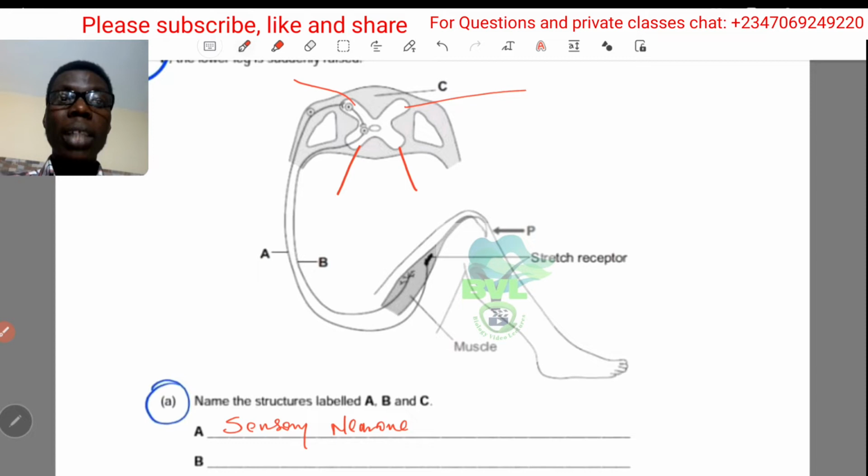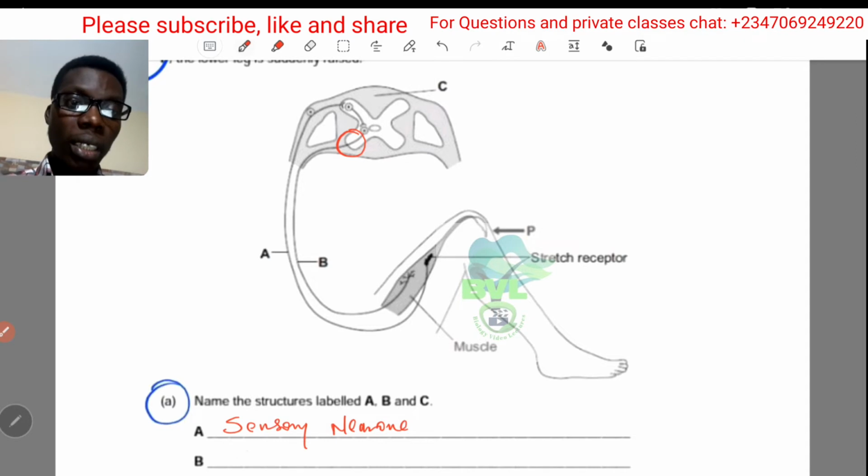Now hear this part. The posterior gray horn is the part through which the sensory neuron enters, while the anterior gray horn, that white part, is the part through which the motor neuron comes out. So that means B is the motor neuron.